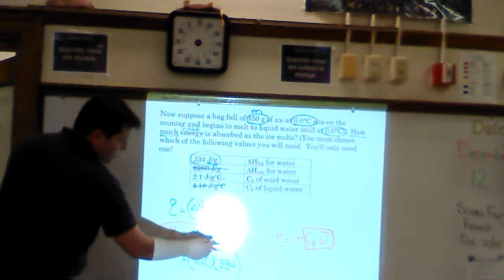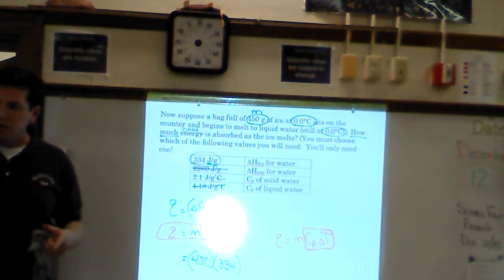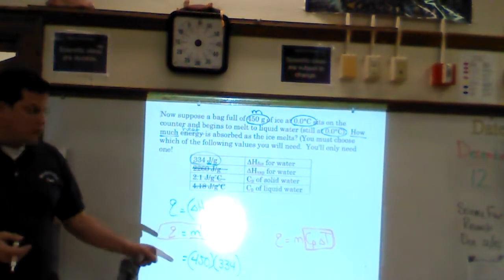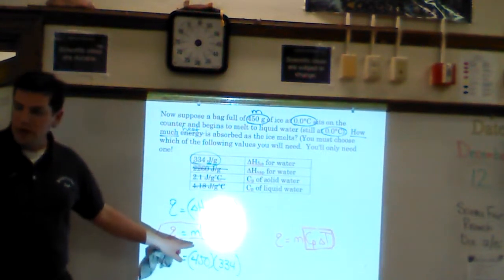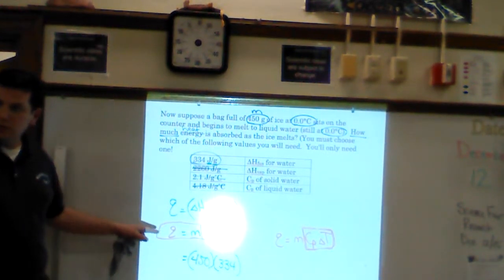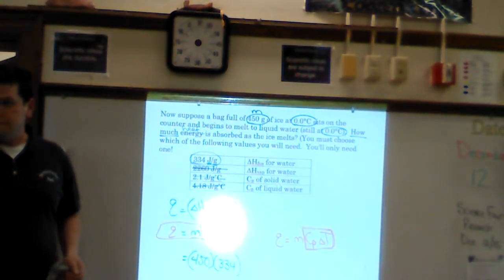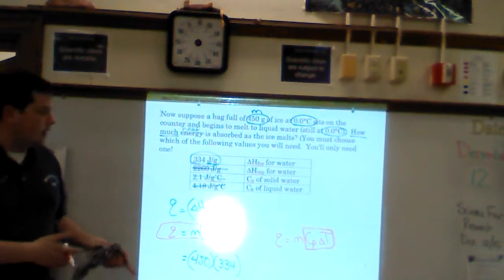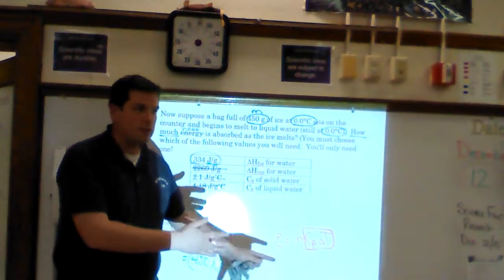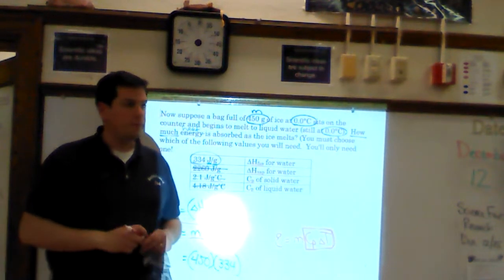This delta H fusion is the amount of energy it takes to melt all the ice for 1 gram. If you multiply it by how many grams you have, that gives you the total. So these two equations are basically the same. It's just that one is for melting, which is a phase change. The other one is no phase change. It's just raising the temperature of a solid or a liquid or a gas.